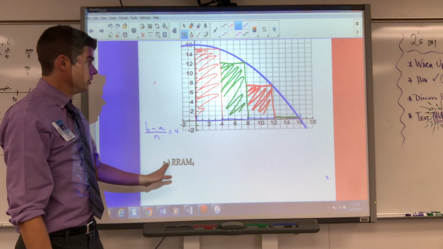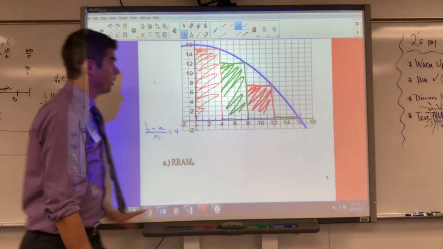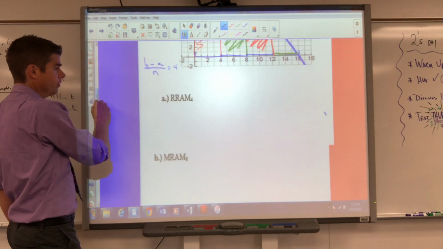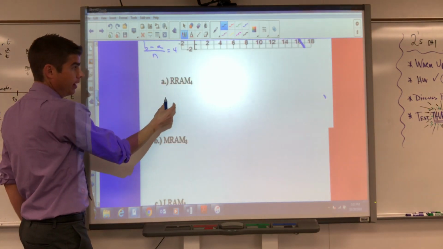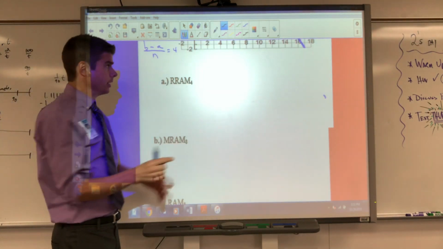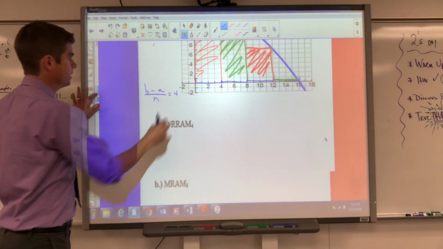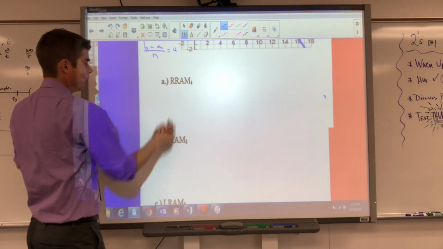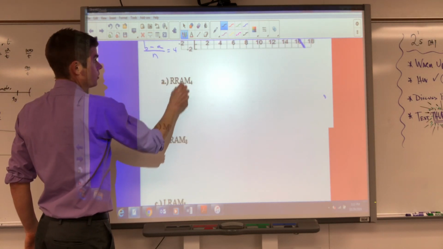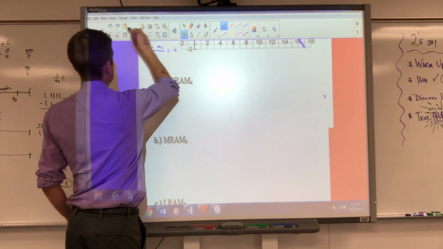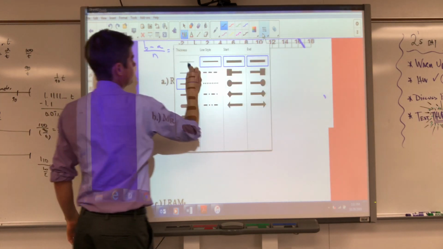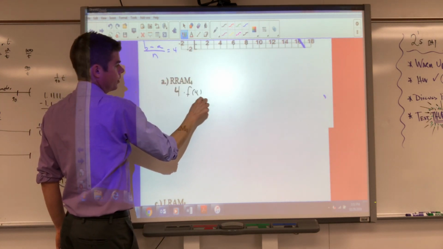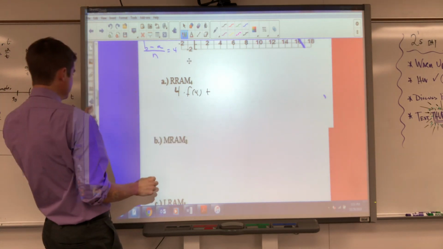I want to convey that and show some work here, and here's what I'm looking for. You have your width, and the area of a rectangle is base times height. So your very first rectangle, the base is 4, the height is whatever the right side is, which is f of 4. So 4 times f of 4, plus the next rectangle.